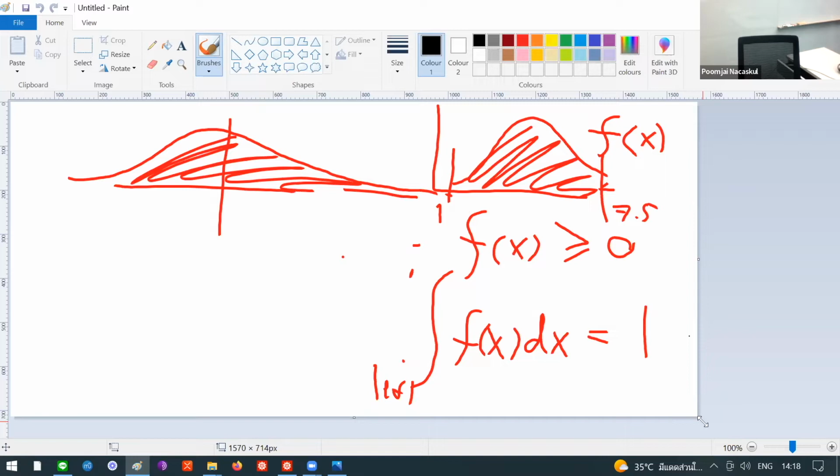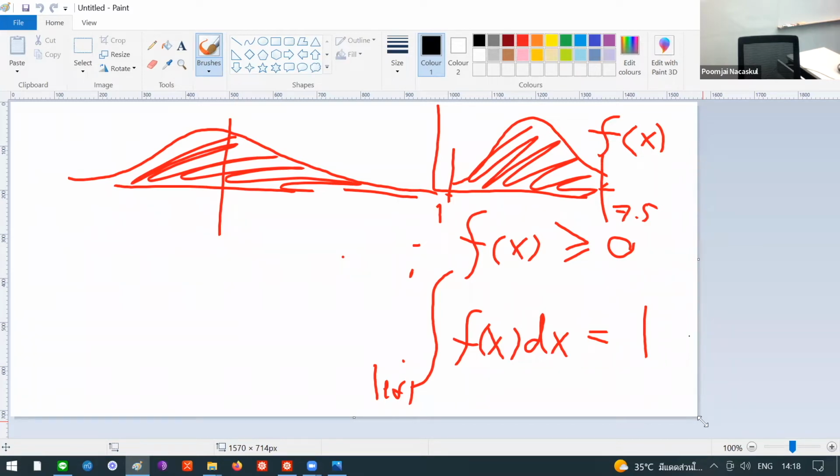Okay. So if you agree with me that we are going to focus on the nature of a function that doesn't go negative, a function that if you integrate all the area under that curve, it will be exactly 1 by definition. Okay, by definition.